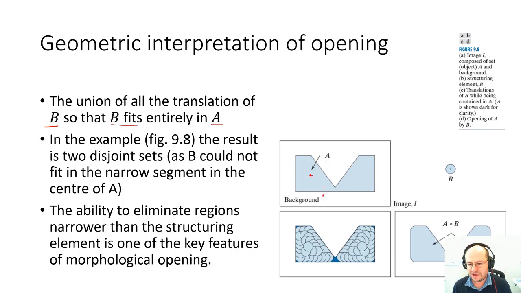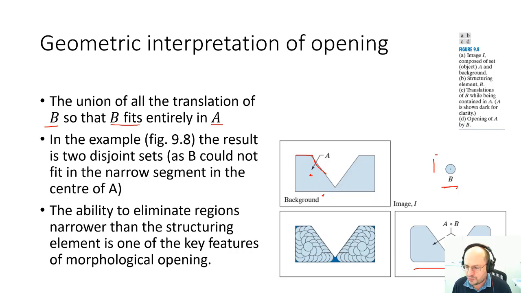Now, for the opening, the opening of this image by this structuring element is like if I capture all of the instances of this element, such that each instance falls inside of this foreground object, and this will be the result of the opening.